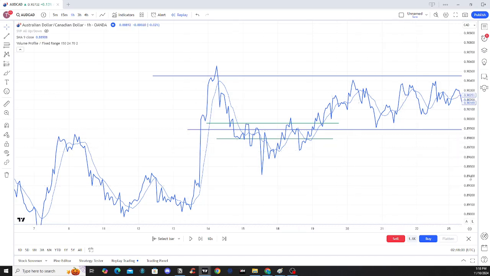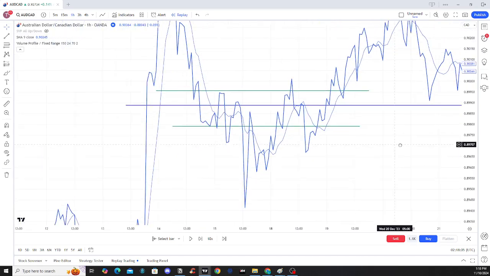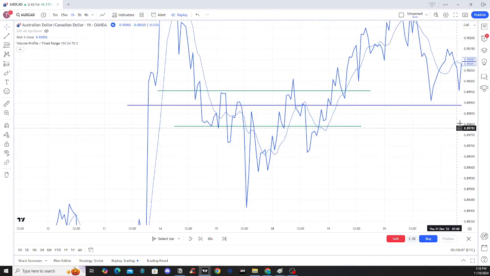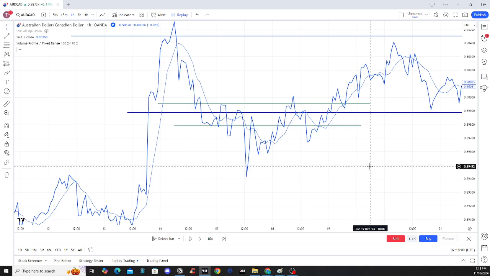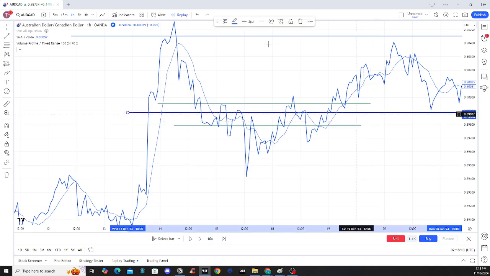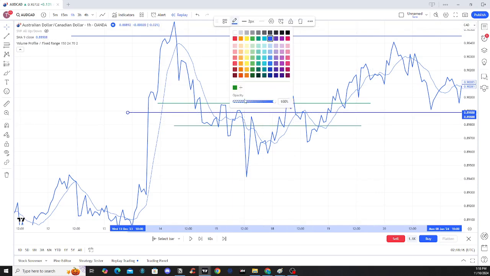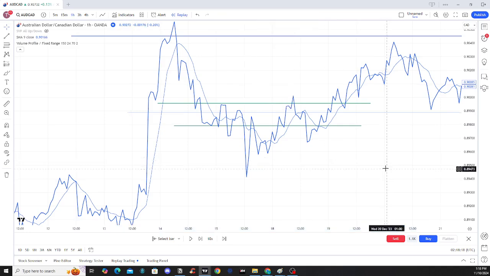And the breakout area again becomes more apparent. Just going to reduce the opacity on this line so I can get a clearer view of the price action that I am trying to trade.